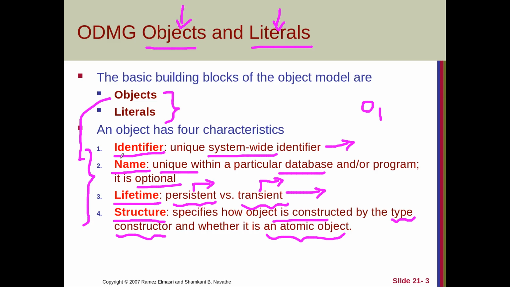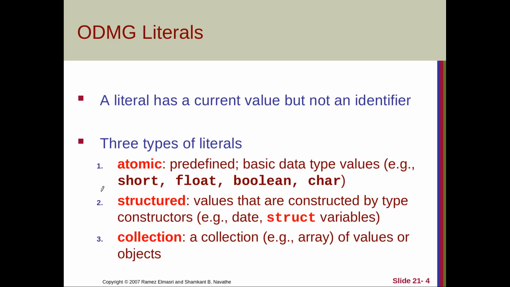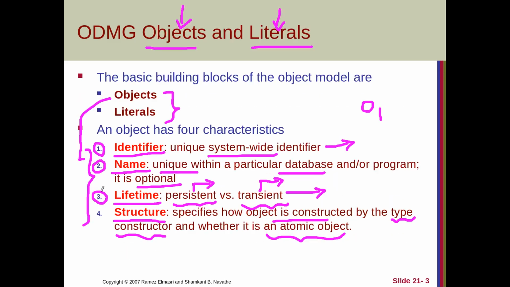So the four characteristics related to an object are: first one is the object identifier, that is a mandatory field, a unique system-defined identifier. Then the second one is a name for an object, which can be provided, but it can be an optional part also. Similarly, the third portion is the lifetime, that decides whether an object is retained within the system permanently or it is a transient one.